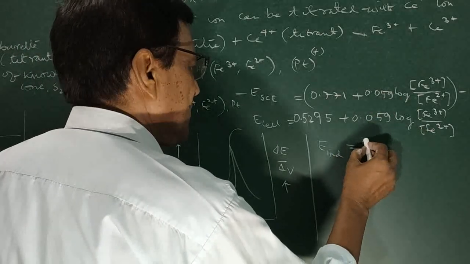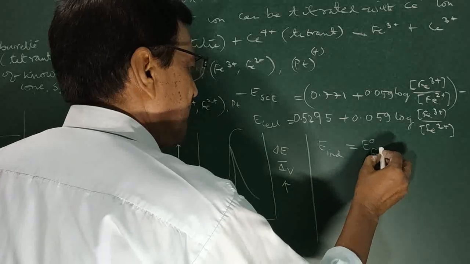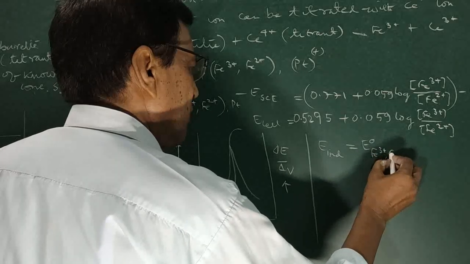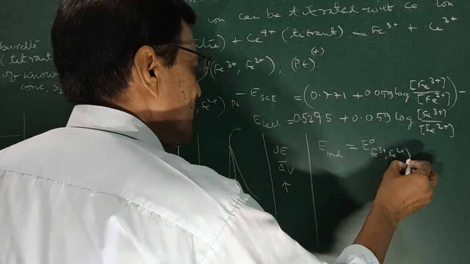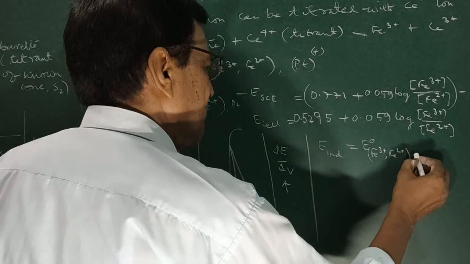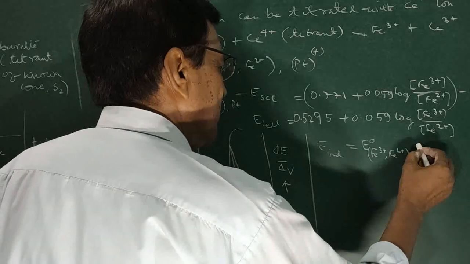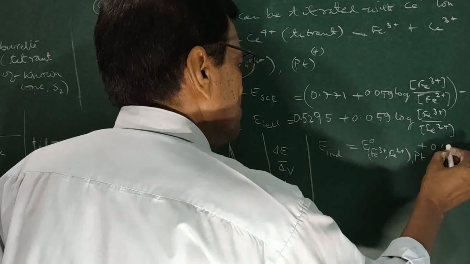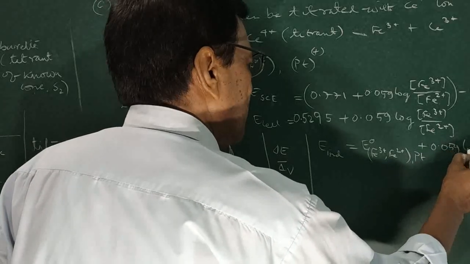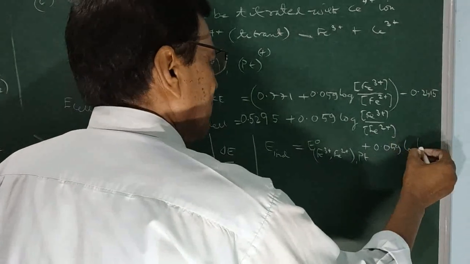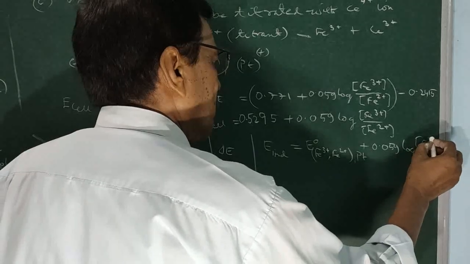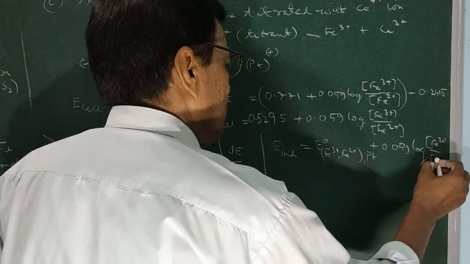Means E naught of ferric and ferrous at platinum plus 0.059 log, here the ferric ion, and here the ferrous ion.